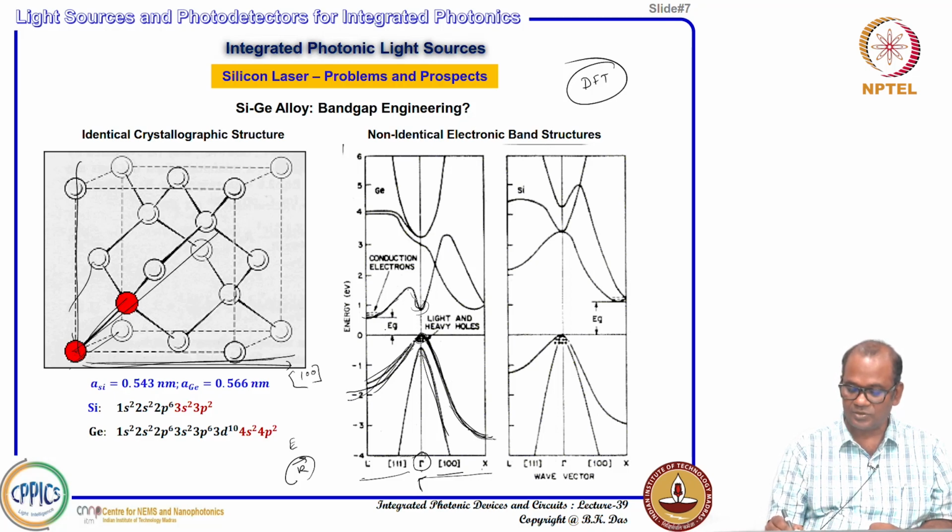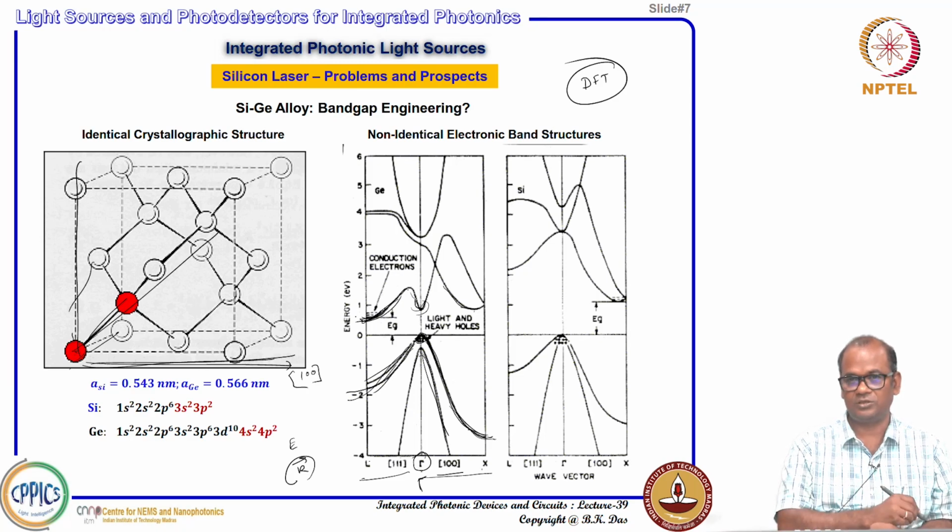So, that means this is a kind of indirect band gap semiconductor, because the top of the valence band and the bottom of the conduction band are at different positions. This is a bottom minimum. This is also a minimum, but this one is lower than this one. So, any electron in the conduction band will try to occupy this valley first.